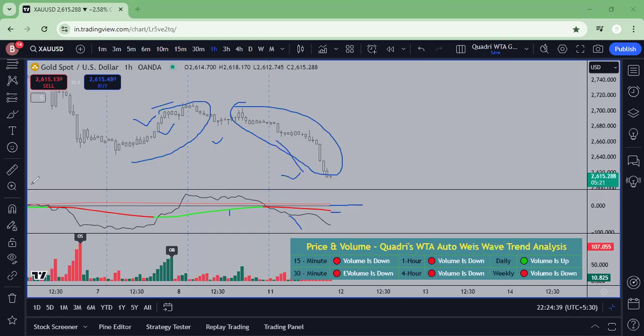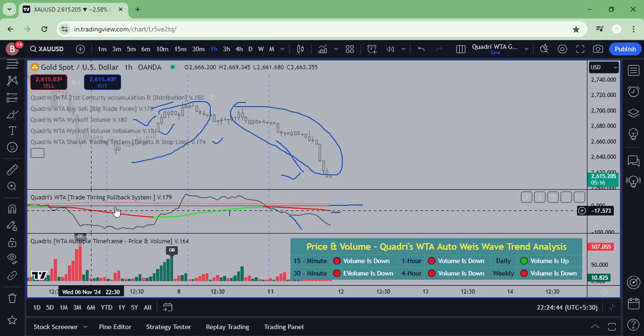So now, what is this indicator? This indicator is basically a trade timing pullback system. How should I time my trade? The main criteria for planning a short selling opportunity is that this red line should be below the zero level.